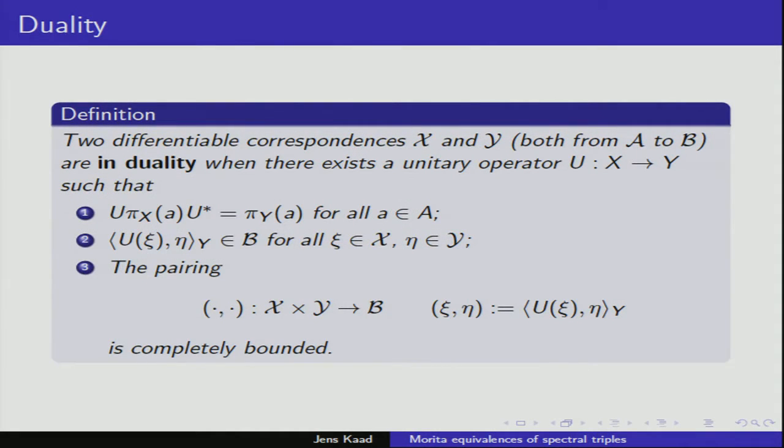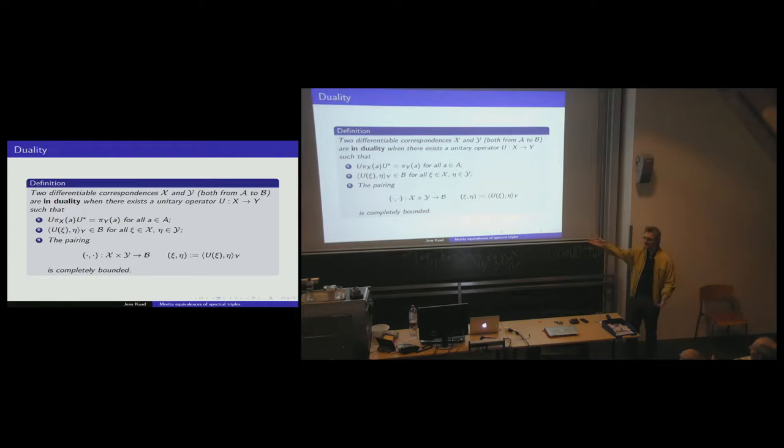Okay, so then I have a pairing between X and Y with values in this operator algebra. It just sends psi and eta into the inner product of U(psi) with eta.